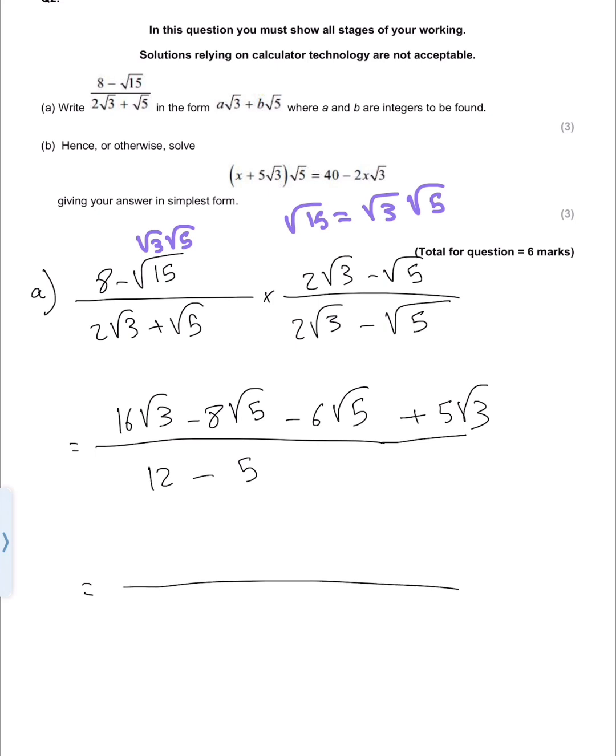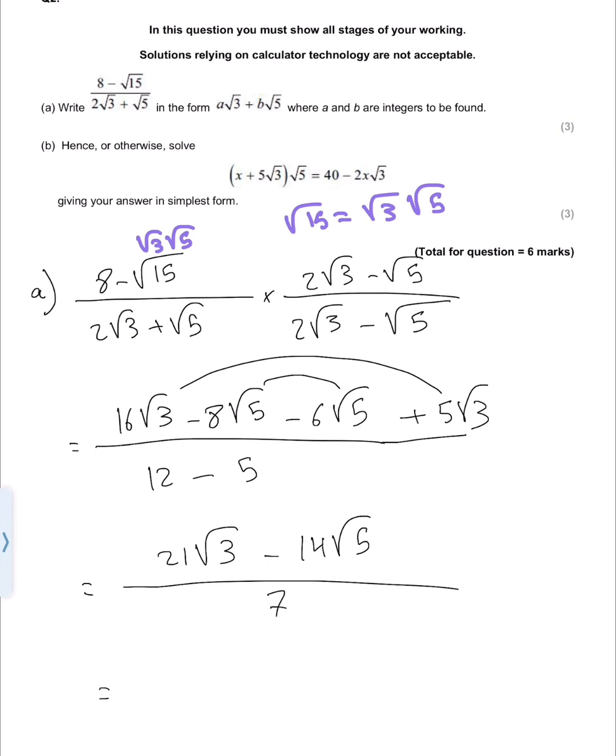In root 3 we have 16 plus 5, which is 21 root 3, and then in root 5 we have -8 root 5 minus 6 root 5, which is -14 root 5, and then down we have 12 minus 5, which is just 7.